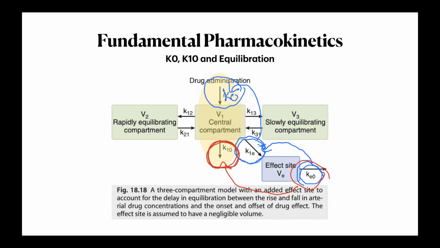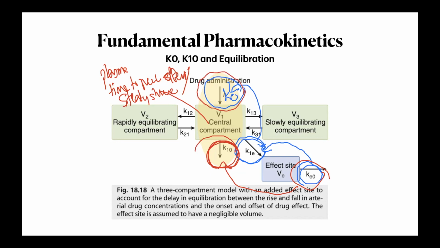And the question that I was asking Brian was that when we talk about plasma concentration, or the time to peak effect or steady state, is it your infusion rate that determines it, or is it your elimination rate constant? And the answer to this is that it is your elimination rate constant which determines the time to peak effect or steady state. It has nothing to do with your infusion rate.